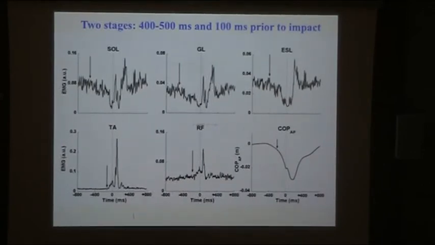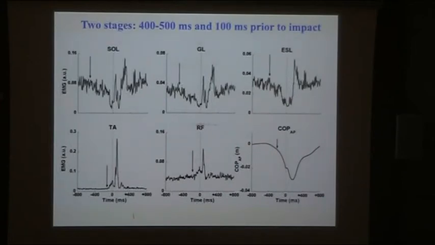You can see the arrows show on the top that the activity of some of the muscles starts to change at least half a second before the impact. This is not an anticipatory postural adjustment, and it's not intentional. People just getting ready. So people adjust their posture a little bit to make sure that the hit is not as perturbing for the posture, without realizing what they're doing, because they're explicitly instructed not to do anything like that.